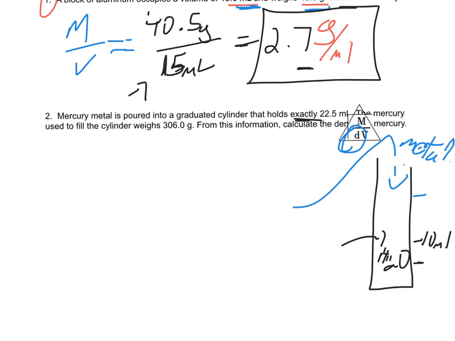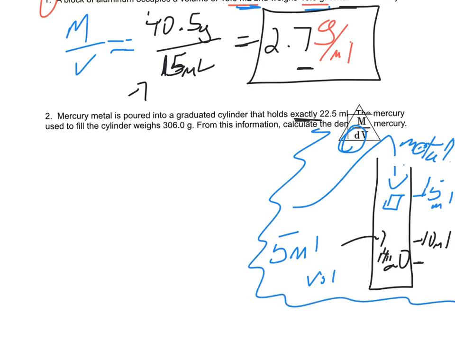If the water rises to 15 milliliters once you put the metal block in there, it rose 15 minus 10, which is 5 milliliters. 5 milliliters is your volume. Now this is just an example. You show this to me and I'll give you a bonus. Okay? All right, let me know if you have any questions.